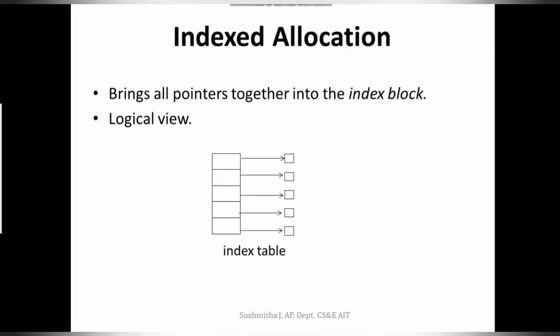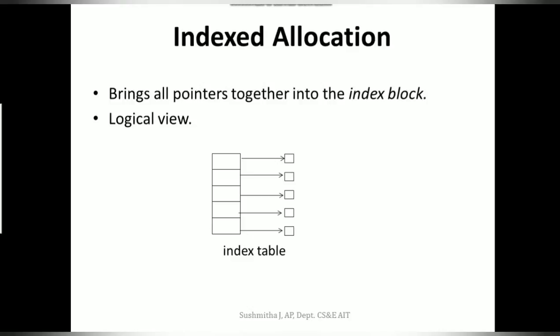The next thing and the last method that we have is the indexed allocation. In the previous method, each block was giving the address or was linking it to the next block. Here we put all the pointers together into a single block, and that block is called the index block.